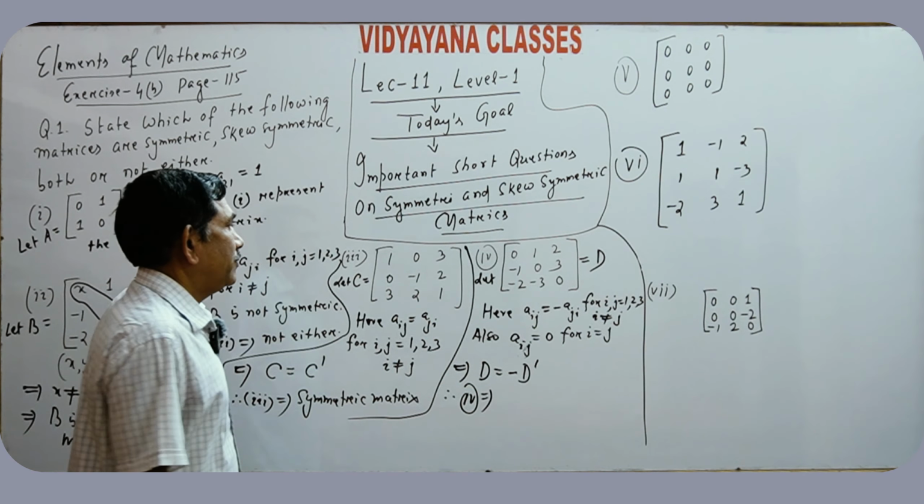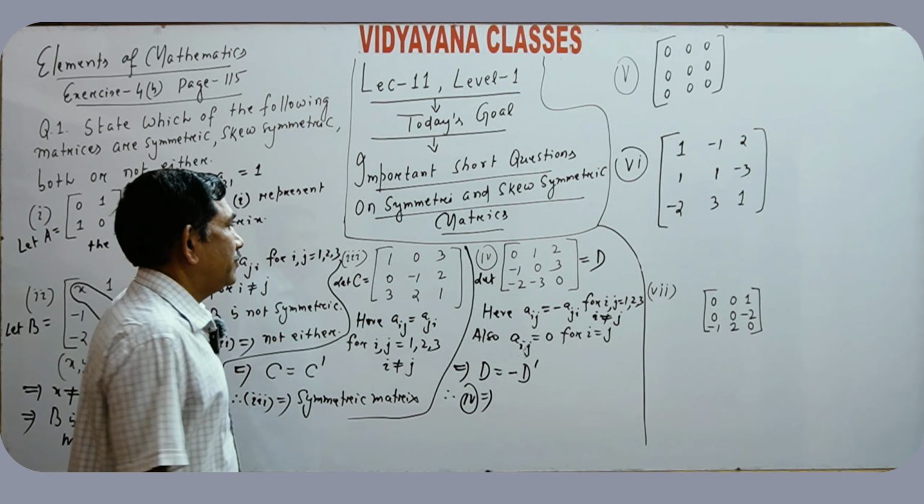It is the definition of skew symmetric matrix. Fifth bit, all elements in the given matrix are 0, so it is the 0 matrix. The 0 matrix is equal to the transpose of 0.